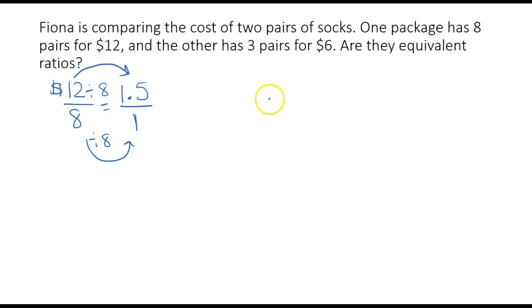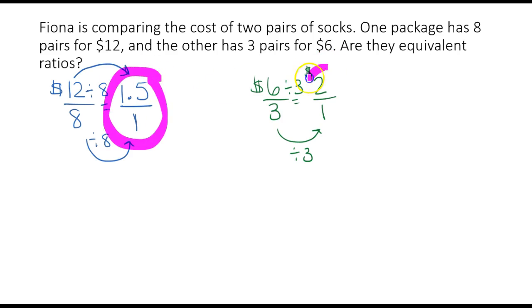So now let's look at the next one. $6 for 3 pairs over 1, divide by 3, dividing by 3, and we get $2. So looking at this part and looking at this part, are they the same?